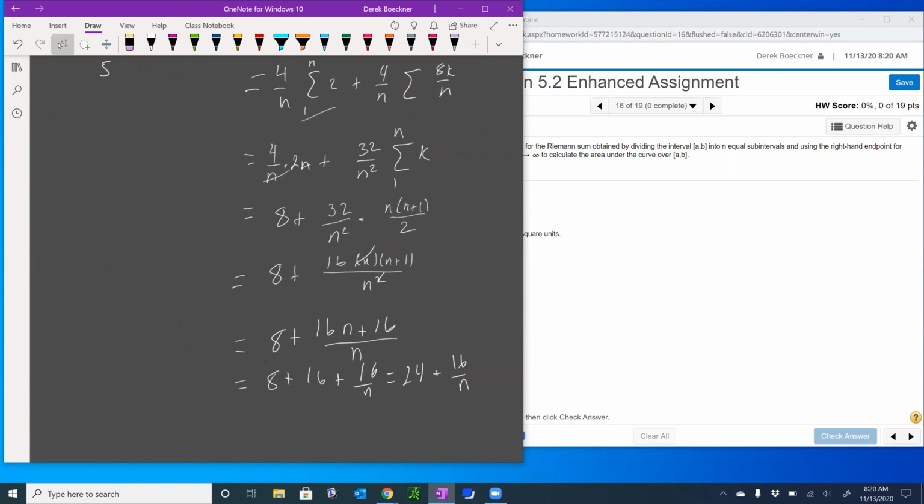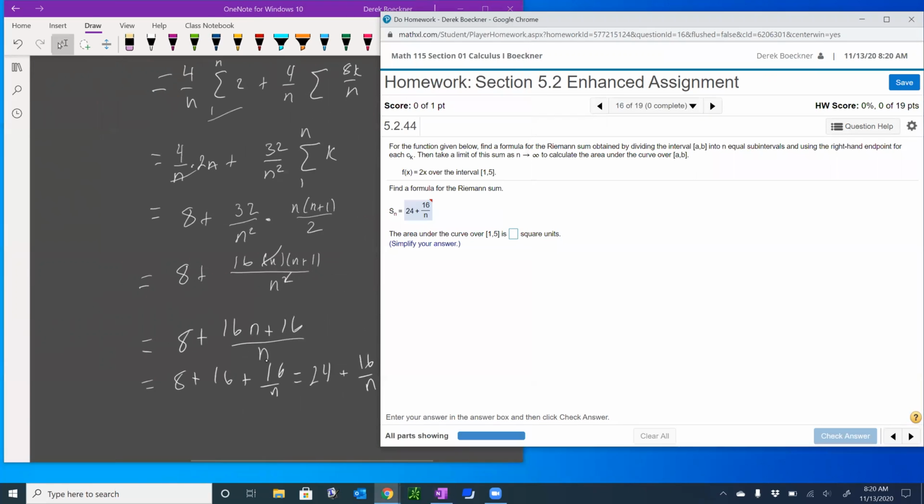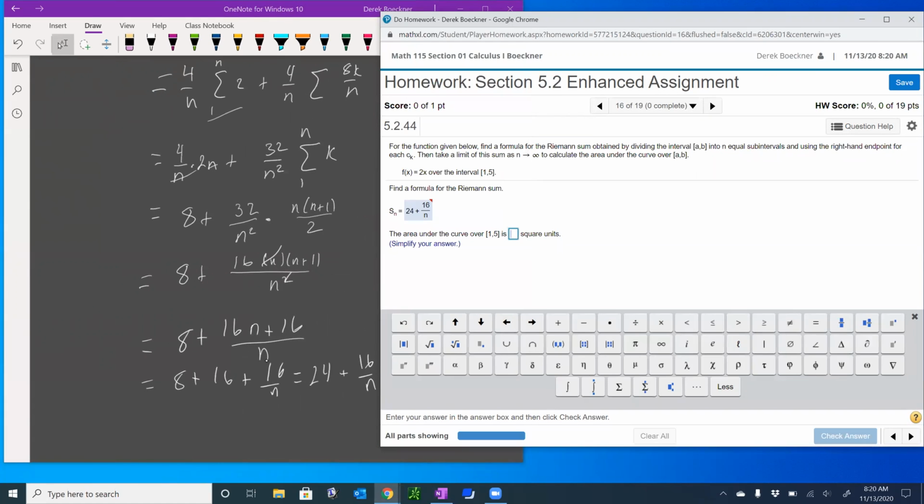We just didn't simplify enough. Sorry. And then we take the limit as n goes to infinity, so you get 24 as n goes to infinity there.